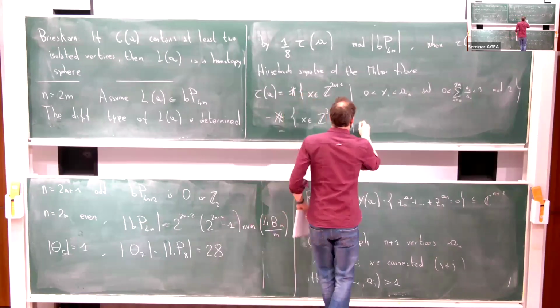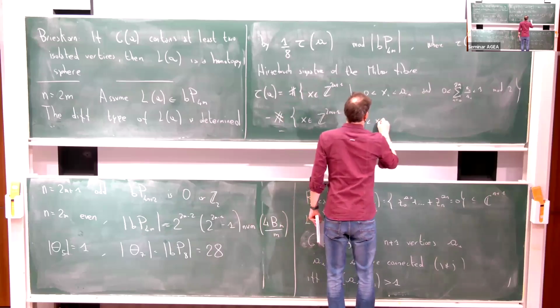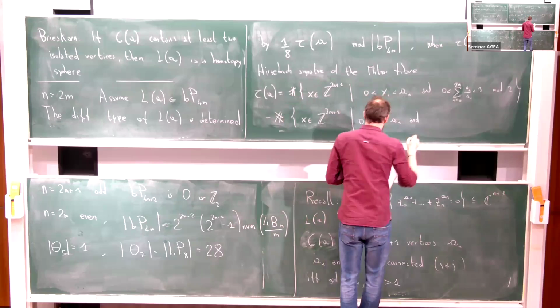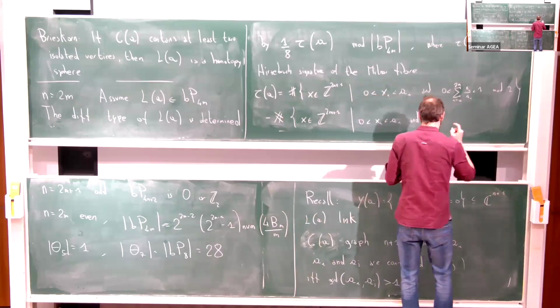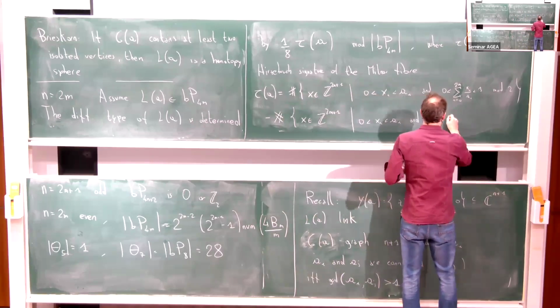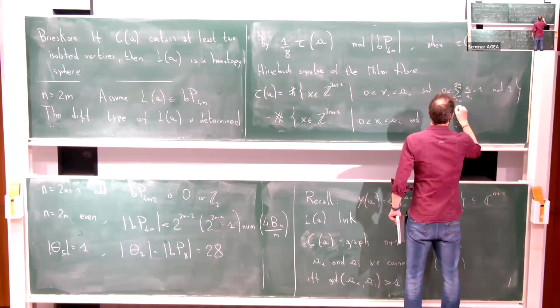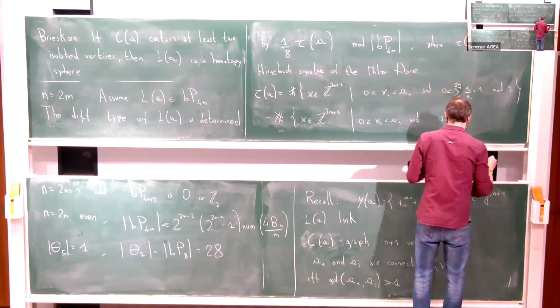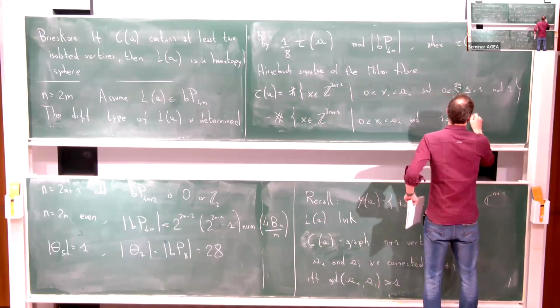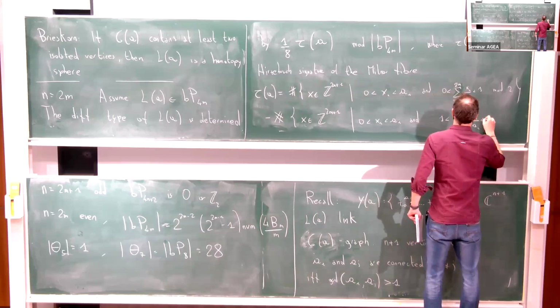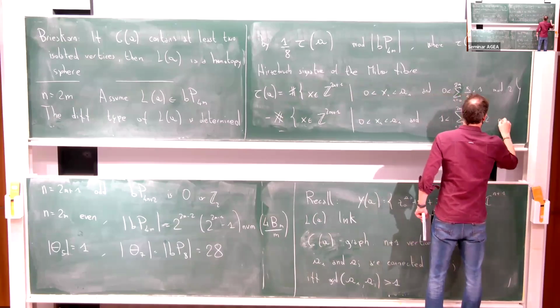And then you subtract: you take the points in Z^(2m+1), always with coordinates between 0 and ai. And now you count the same sum, but you count the ones between 1 and 2.